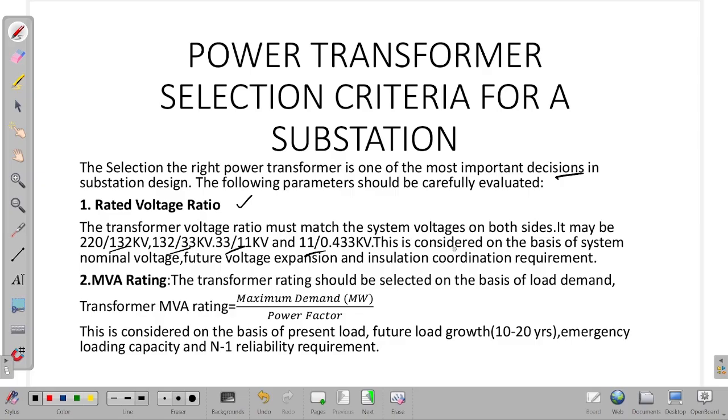And this is considered on the basis of the system nominal voltage and future expansion. It has a certain role, and the insulation coordination requirement according to the nominal voltage.